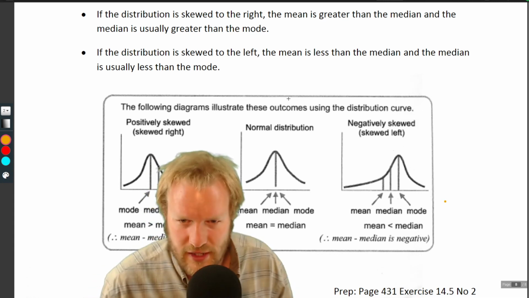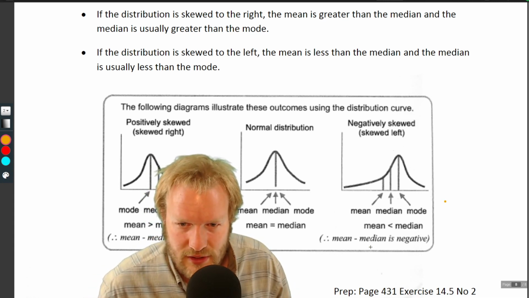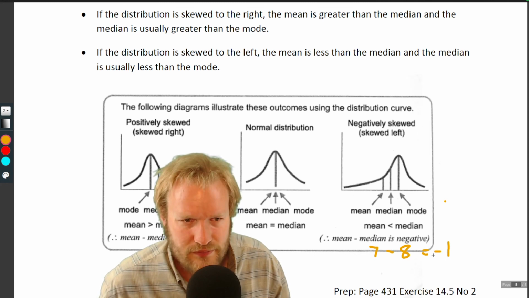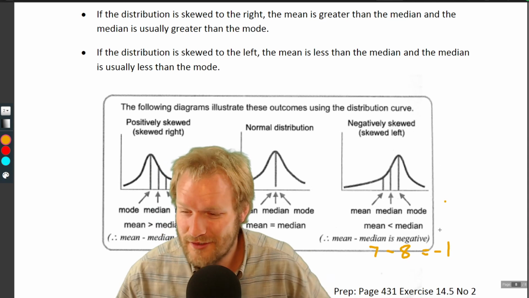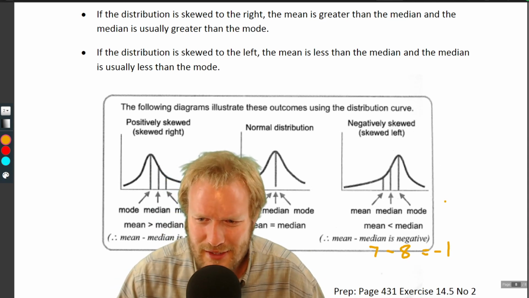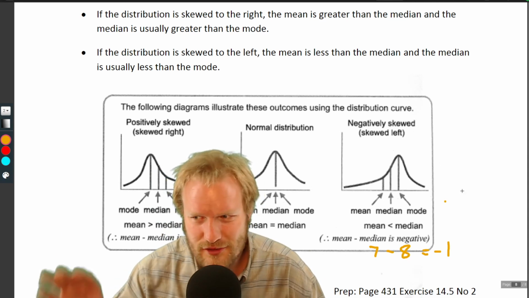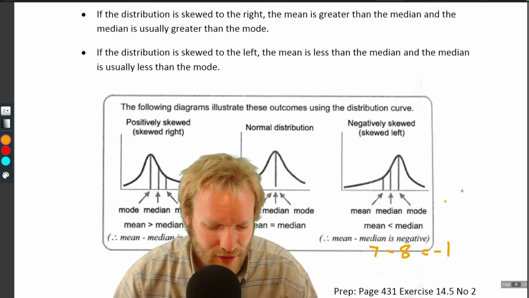So just in numbers, can you imagine our mean was 7 and our median was 8? Well then, if 7 is less than 8, then 7 minus 8 is negative. How's that? I think it's time that you need to try a few of these. But that's kind of our explanation for now. Just kind of pulling it to one side or the other.